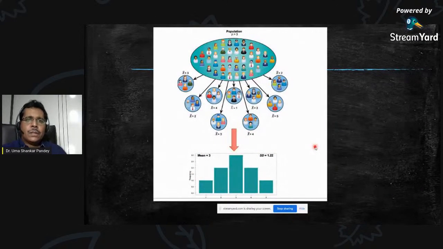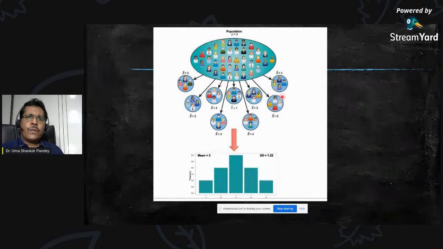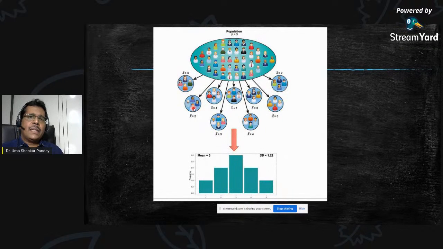Now I'm going to talk about the standard error, how we get the standard error and why it is important. Again, this figure is taken from Andy Field's fantastic book. If we have a population mean and we draw samples from that population, the sample means will be different for our different samples. Say, for example, the population mean is 3. If I draw 8 samples, then all my 8 samples have different means: 3, 2, 4, 1, 3, 2, 5, 4, 3, whatever.